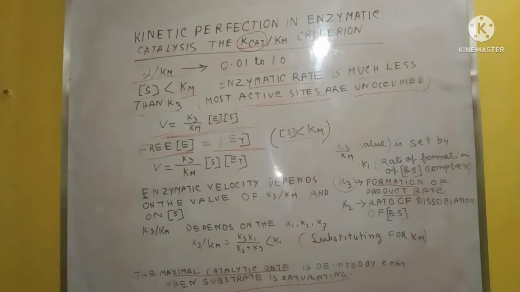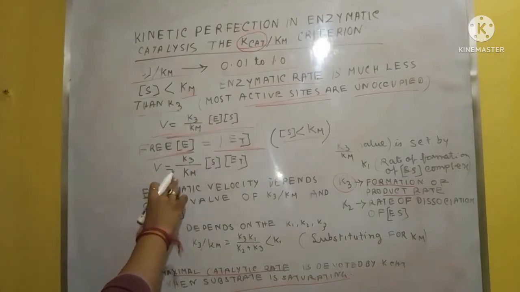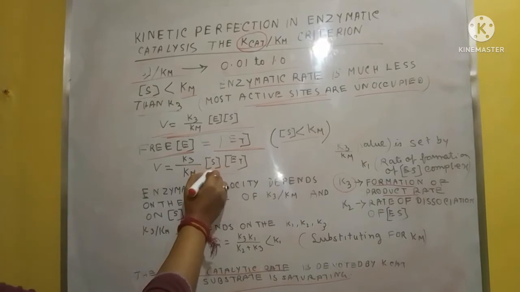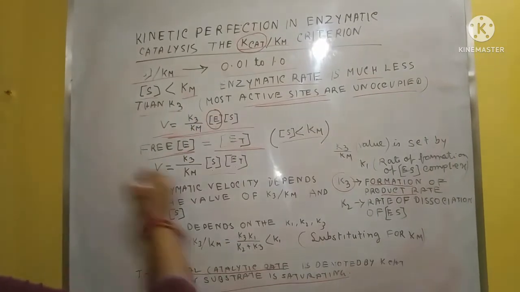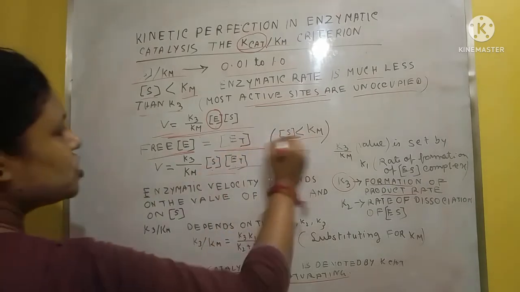That means the active sites are generally free. In that situation V equals K3 by Km times substrate concentration times ET. When we write ET replacing E, that means all the enzymes are free, actually not occupied by substrates, because the substrate concentration is very low here.